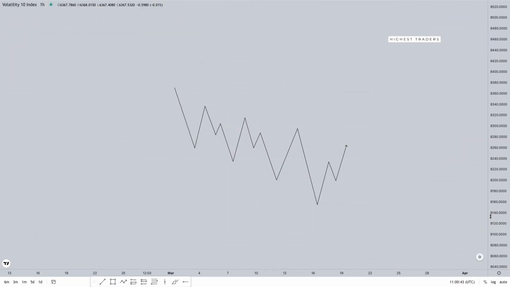Alright people, from our definition, we understand that inducement is a thing that persuades someone to take an action or to do something, right? For those of us that trade the smart money concept, what we know on the basics is that we look for price to either give us a break or a sweep.